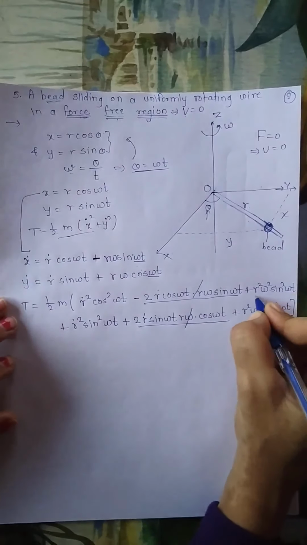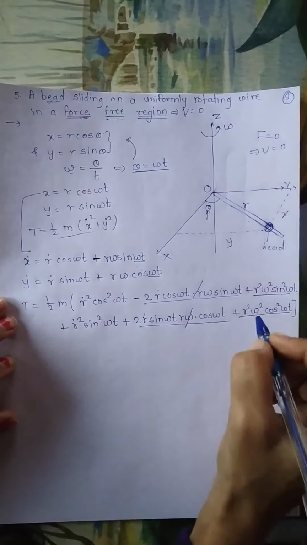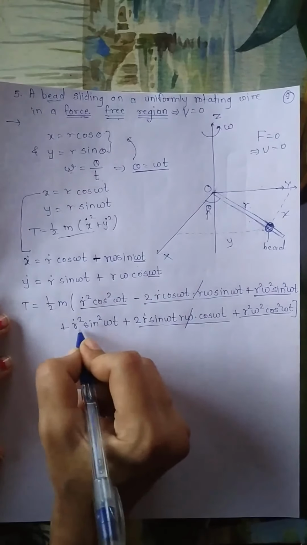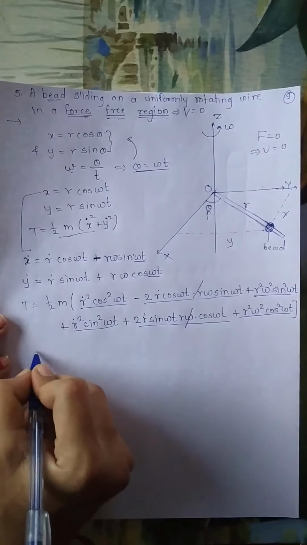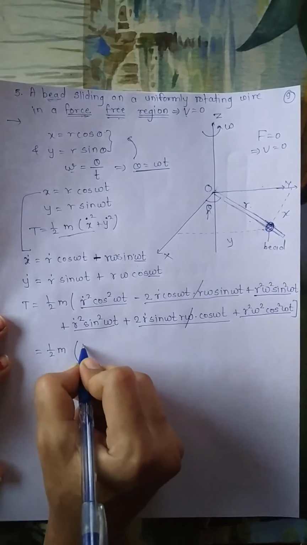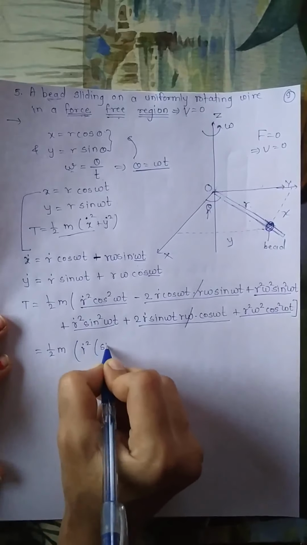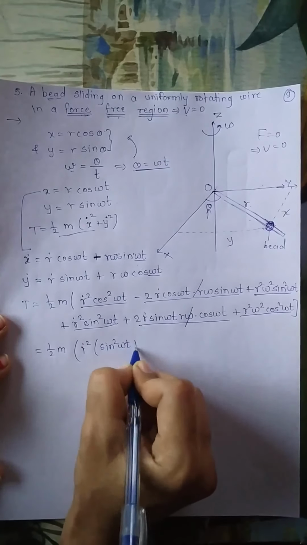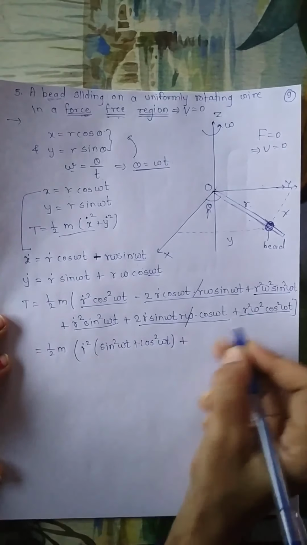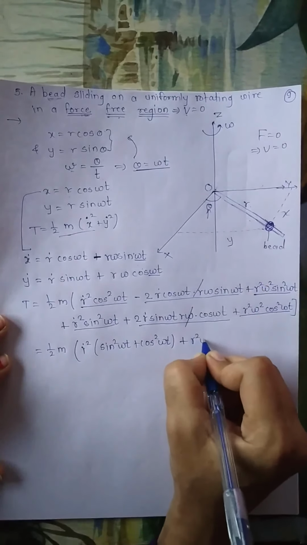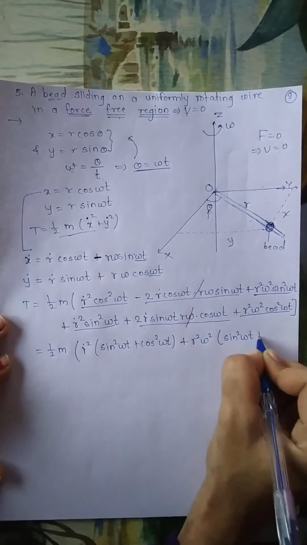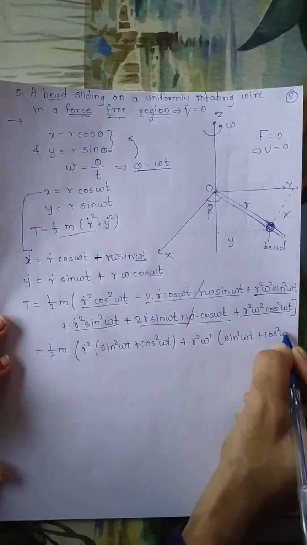Now from these two terms we take r dot square common, and from the other two terms we take r square omega square common, so we get half m times r dot square into sin square omega t plus cos square omega t, plus r square omega square into sin square omega t plus cos square omega t.